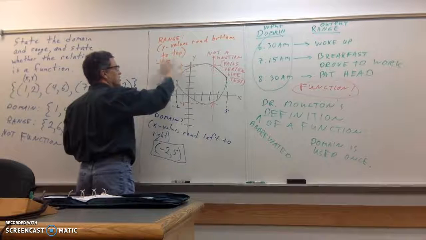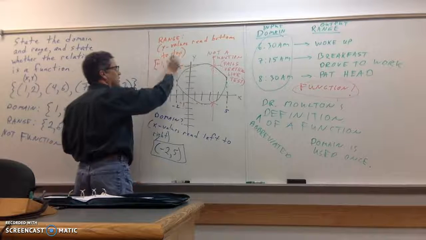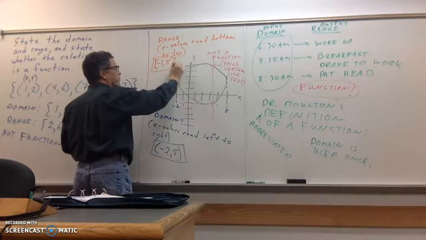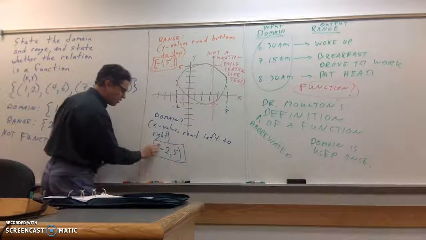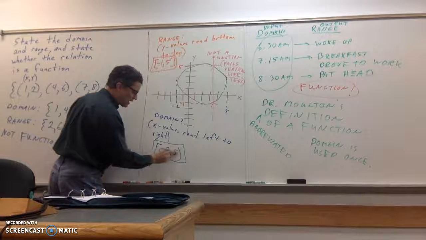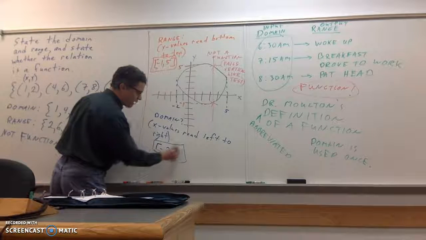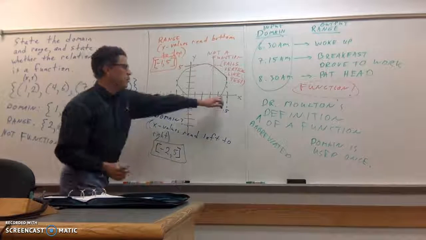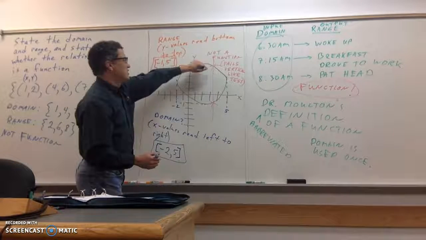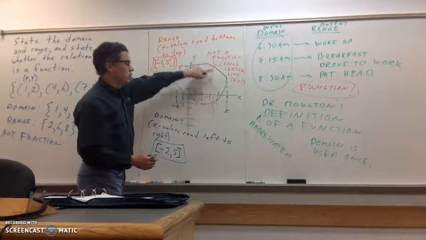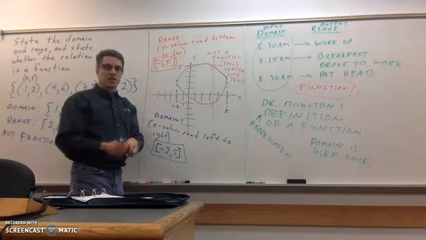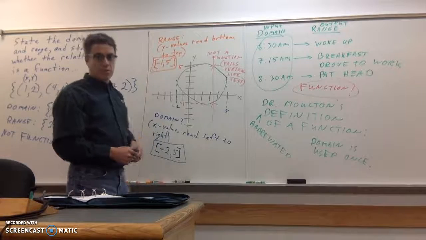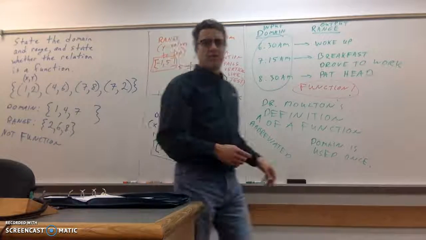This is interval notation. I need to be including these, don't I? So that's -1 with a bracket to 5 with a bracket. And this guy here should be -2 with a bracket to 5 with a bracket, because it's actually hitting these points. If this circular, oval, whatever you want to call it, shape was dashed rather than solid, then I would have had parentheses. But I do want to have brackets on these.